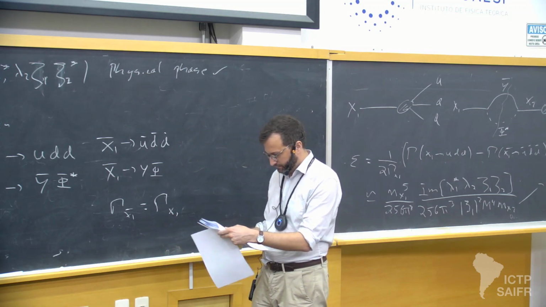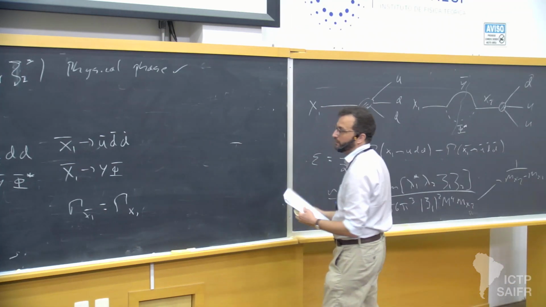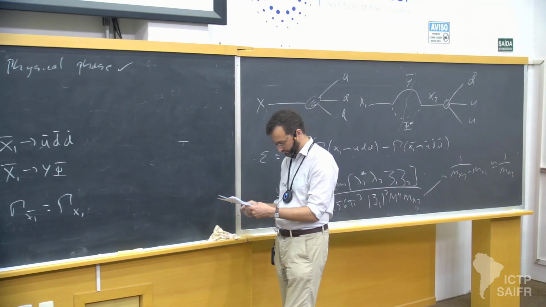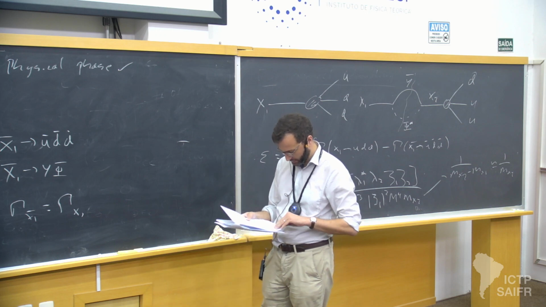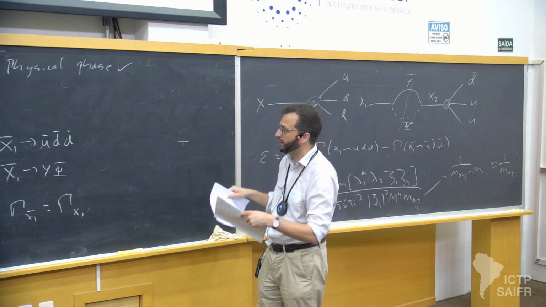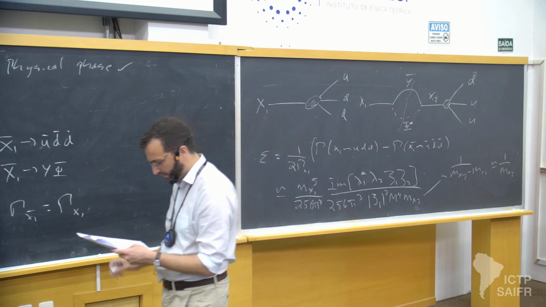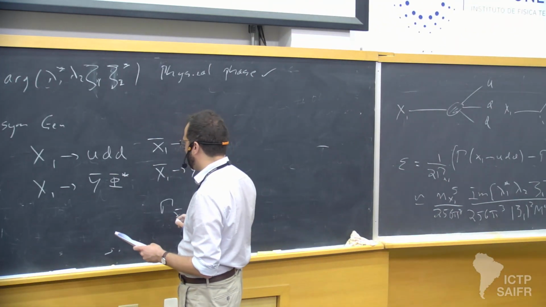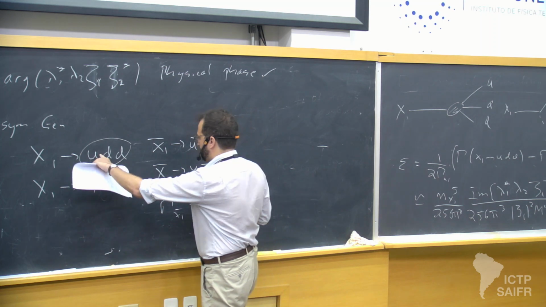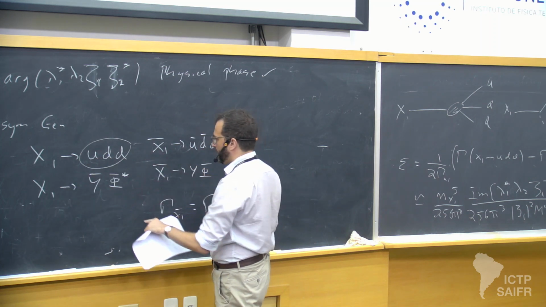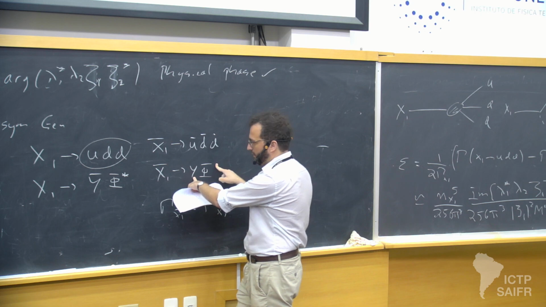Okay, very good. So in the end, if these decays are out of equilibrium, then you can create some net UDD and some net Y phi, because this decays preferentially compared to this decay, but then the opposite, to keep the decay rates equal, this has to decay preferentially in the same way compared to this, yeah?